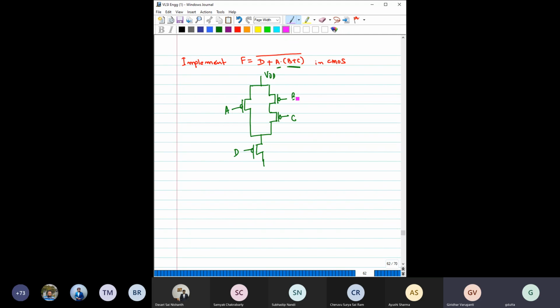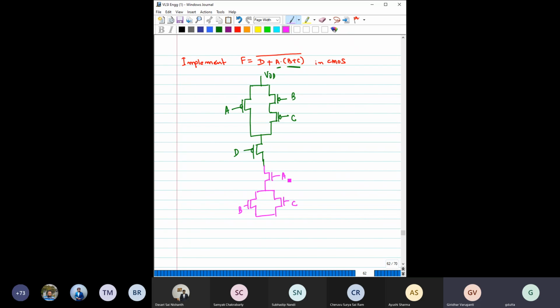Okay, now this is the pull up network part. Now we have to design the pull down network part. So in the pull down network, what is going to happen? See, again B plus C means two transistors are in parallel configuration. BC parallel. Now this is an AND operation with this A. So here it is parallel, but in PMOS definitely it would be in series.